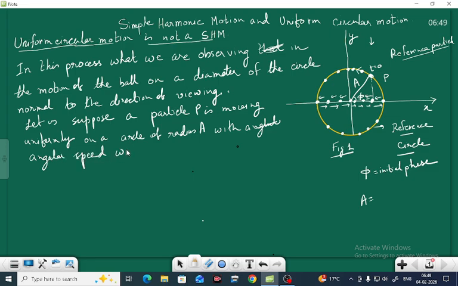The sense of rotation is anti-clockwise. Here we have taken the sense of rotation as anti-clockwise.